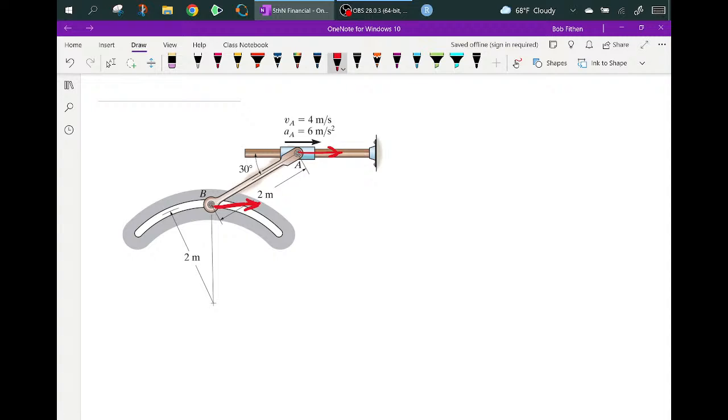So we had a velocity here of 4. We had a velocity here of 4. What we found out is omega AB was equal to 0.